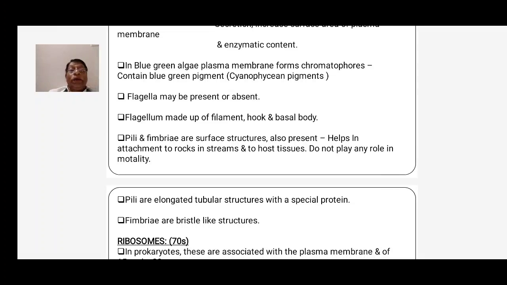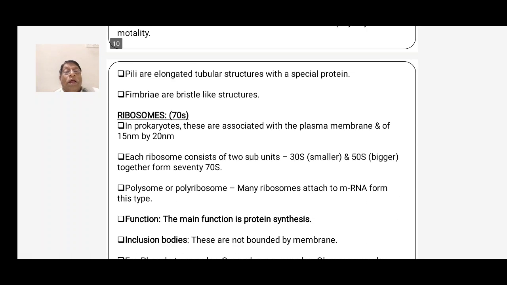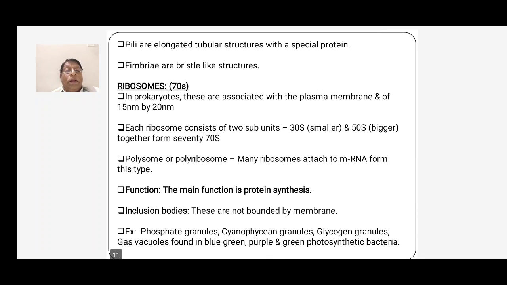Now, next you shall see the ribosomes. The ribosomes of prokaryotic cells are called 70S ribosomes. I told you the ribosomes are present in prokaryotic cells and also in eukaryotic cells. Okay.